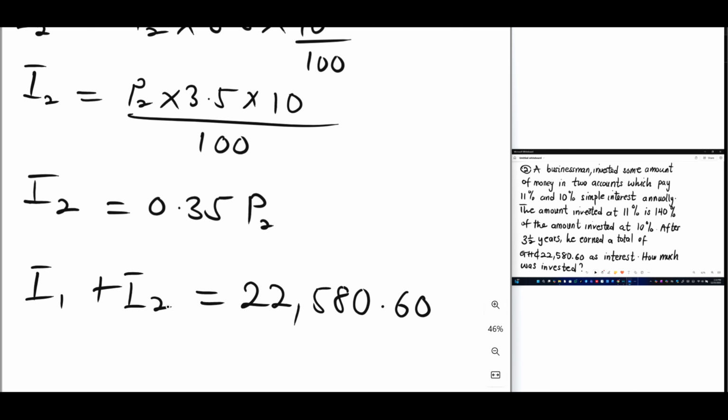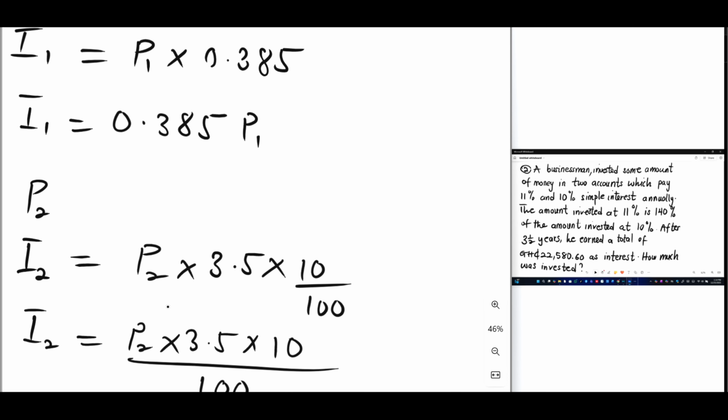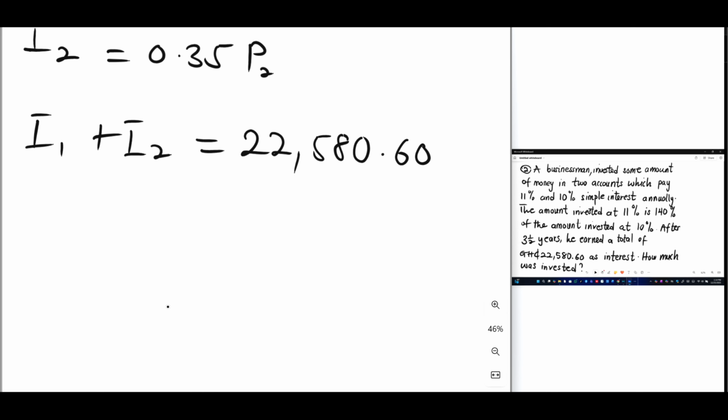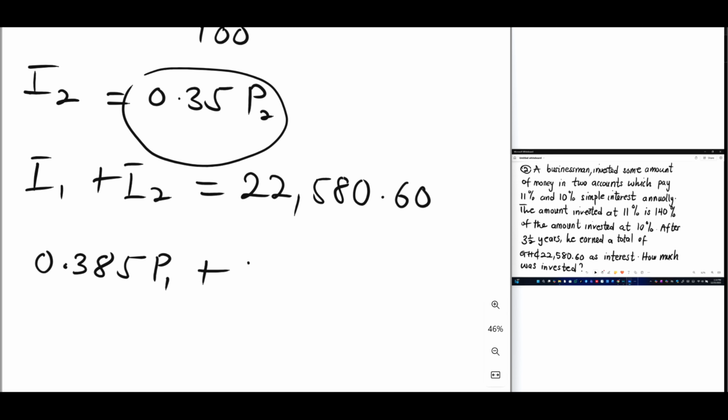So we are going to now replace our I1 with its value. I1 is equal to 0.385 P1, and our I2 is 0.35 P2, all equal to 22,580.60.